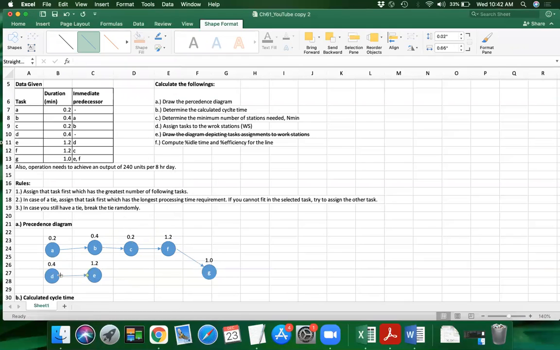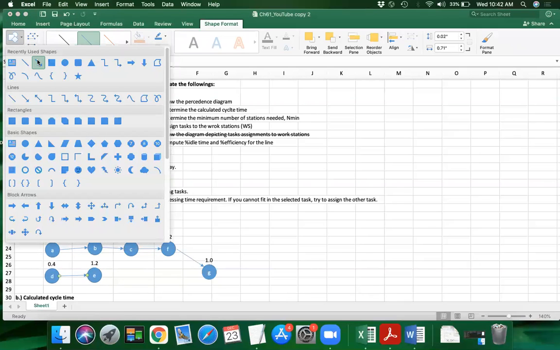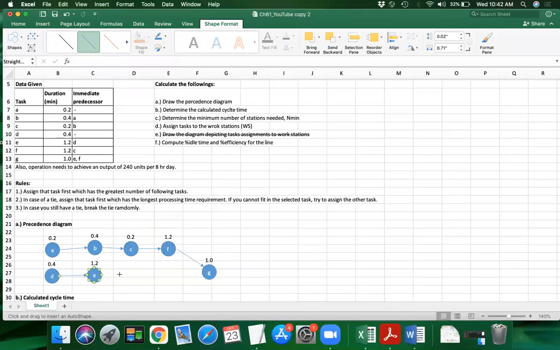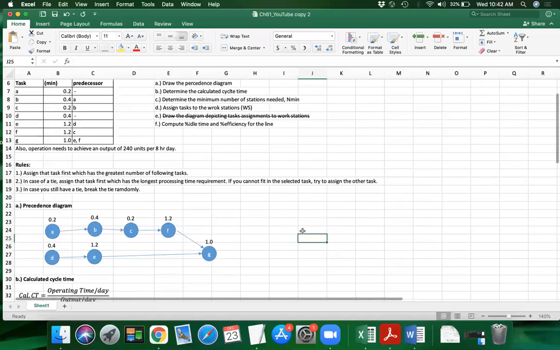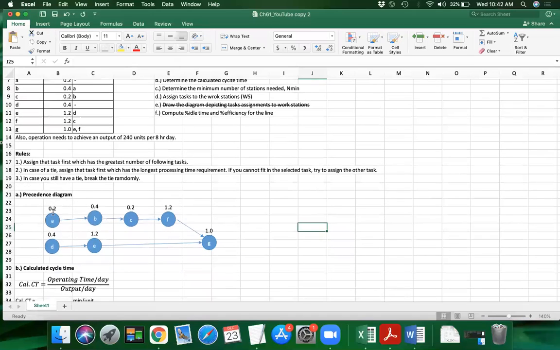Okay, as long as you're getting the basic structure right, I don't care about how pretty it looks. Okay, so this is your diagram. Probably we might make some space here. I will need it.